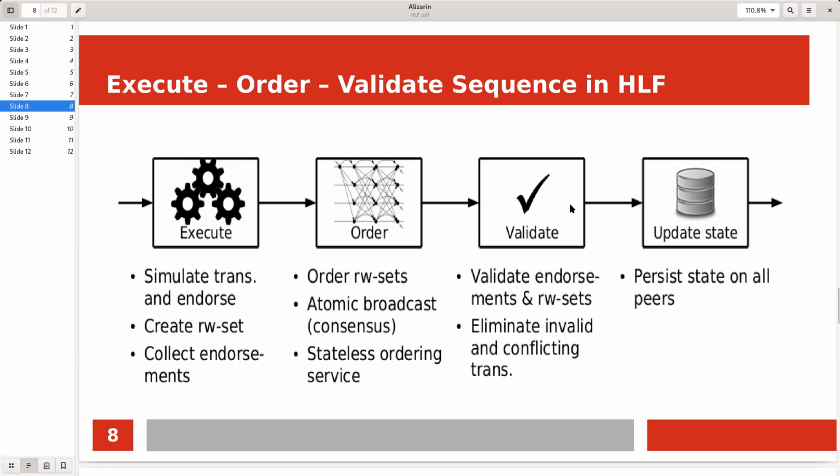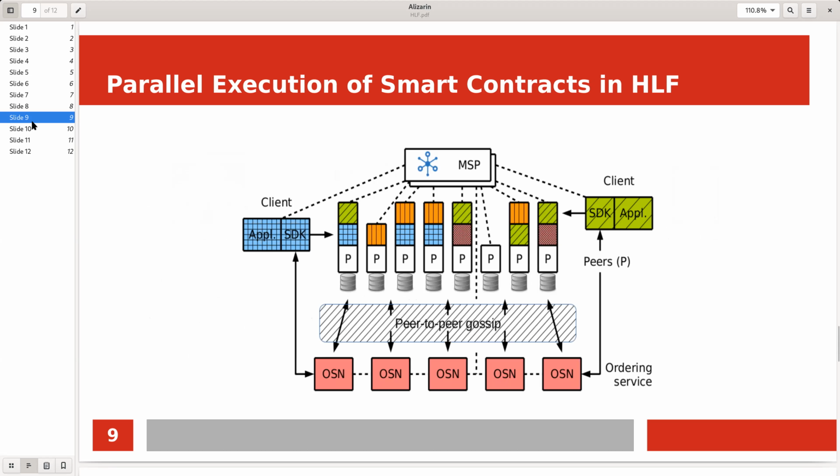Then there is a second stage, well, third stage actually, which is validation. After the transactions have been ordered, they are validated across multiple nodes. Here, invalid and conflicting transactions are eliminated due to a uniform ordering. And finally, the state is updated across all peers.